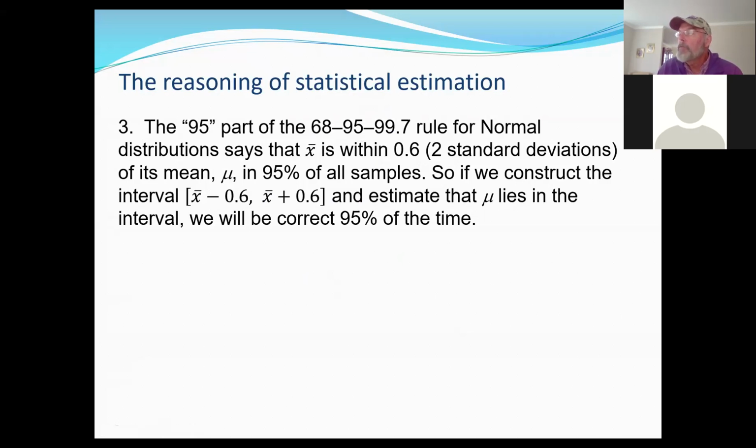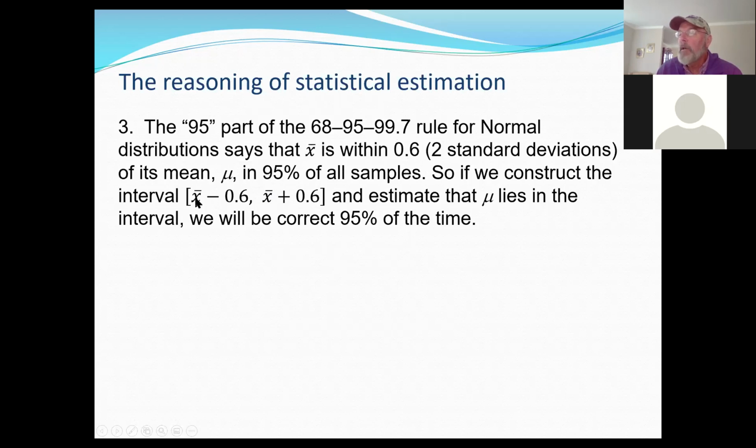All right, so 2 standard deviations away from the mean would be a product of 2 times 0.3. 0.3 was the standard error. 2 times 0.3 will give us 0.6.